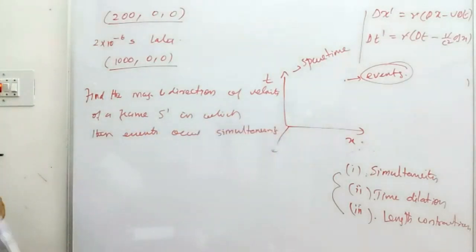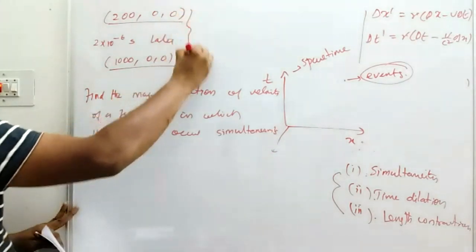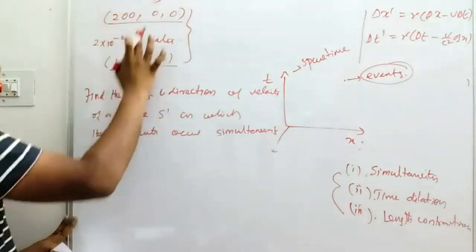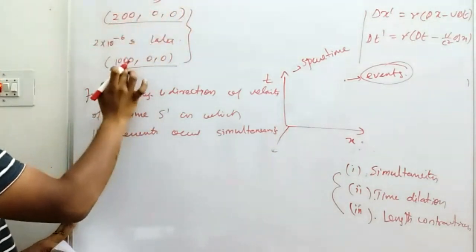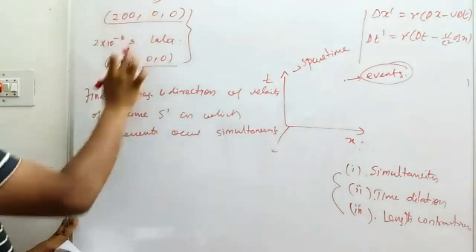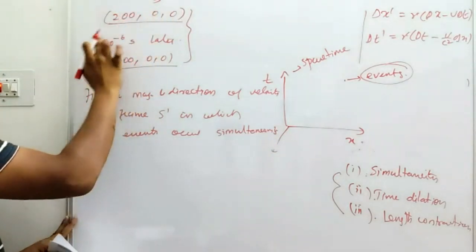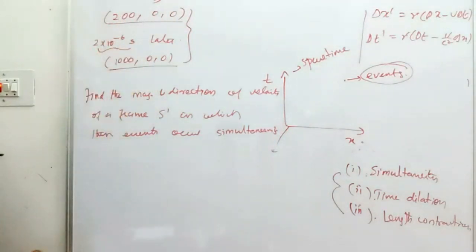So they have given us two frames. Let's call this the S frame. In this frame, these events are spatially separated by 800, 1000 minus 200, and it happens in 2 multiplied by 10 raised to minus 6 seconds.